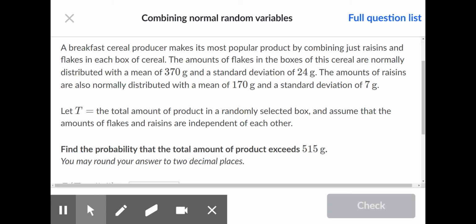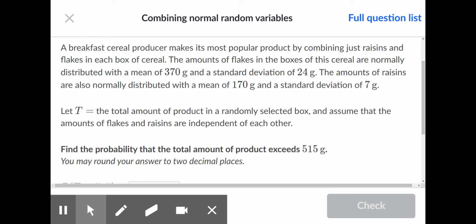So this new random variable T is also normal, with a mean of 540 and a standard deviation of 25. If you add 25, it'll be 565.